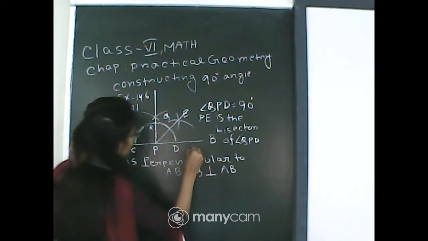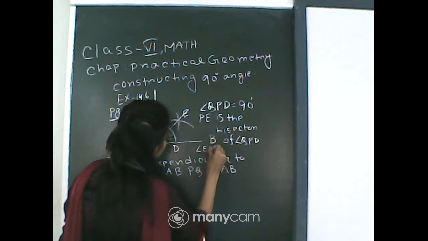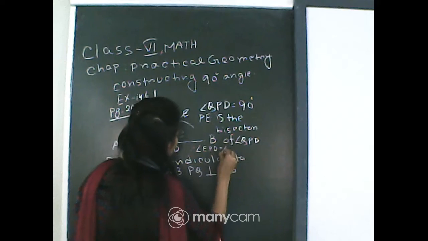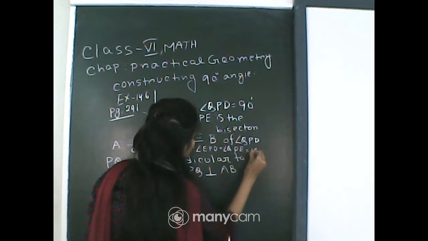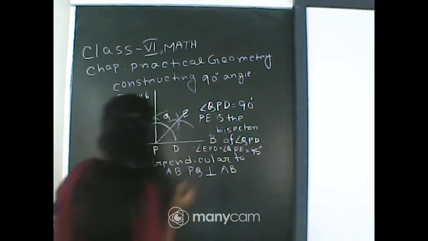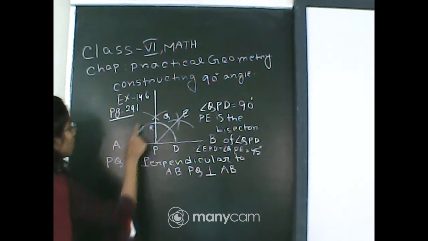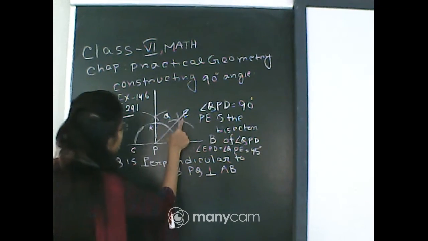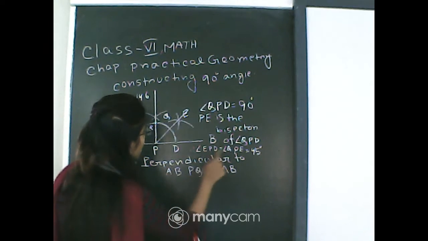Therefore, angle EPD is equal to angle QPE is equal to 45 degree, since PE is the bisector of angle QPD. So, angle QPE is equal to angle EPD is equal to 45 degree.